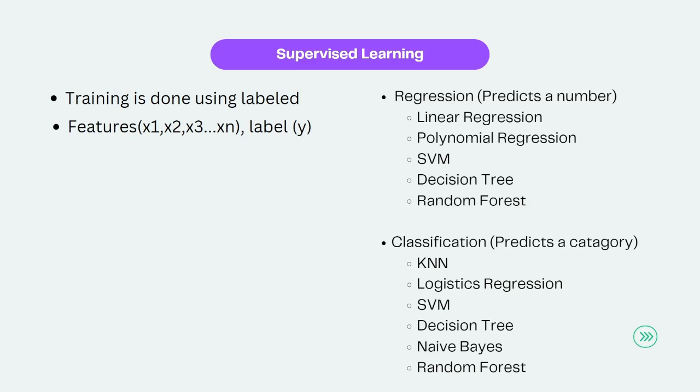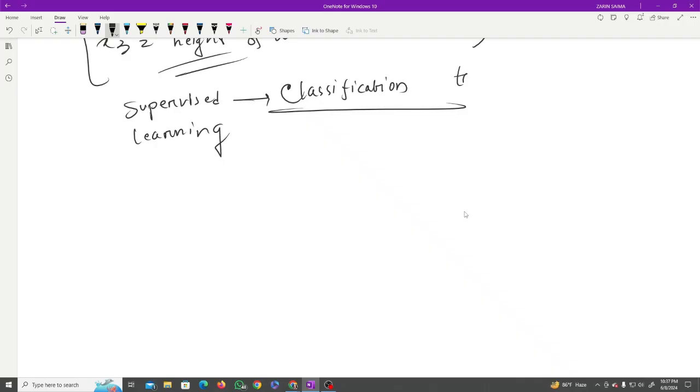The main takeaway in classification is that the label is either 0 or 1, yes or no.